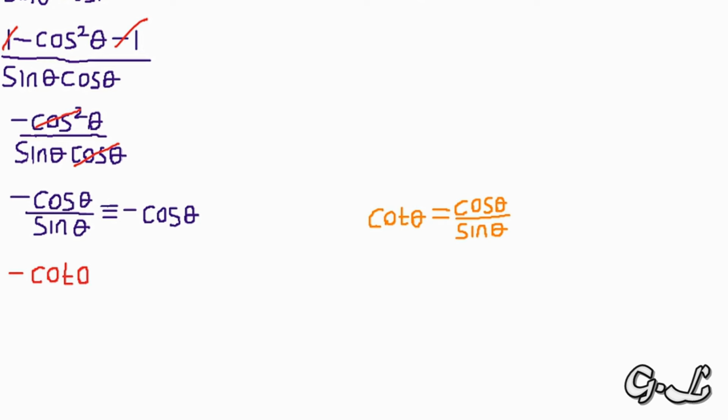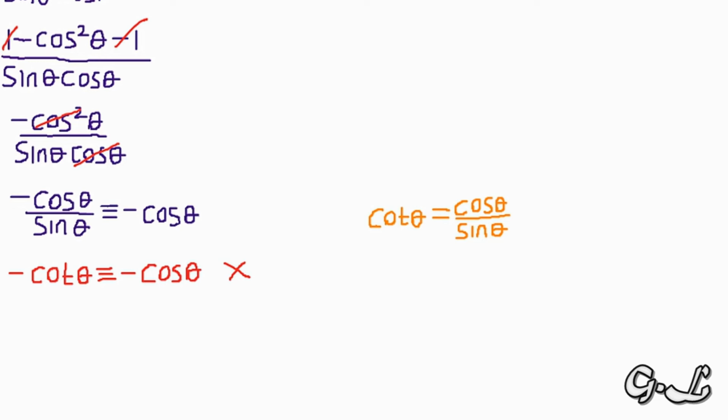So now you're going to say negative cot theta. Negative cot theta is equivalent to negative cos theta. Now you're going to ask yourself, is negative cot theta equivalent to negative cos theta?